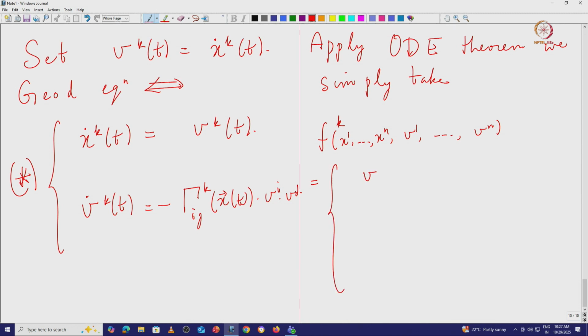It is simply V^k if k is between 1 and n, and it is simply minus Gamma^k_ij of x^1 up to x^n times V^i times V^j, if k is between n plus 1 and 2n.